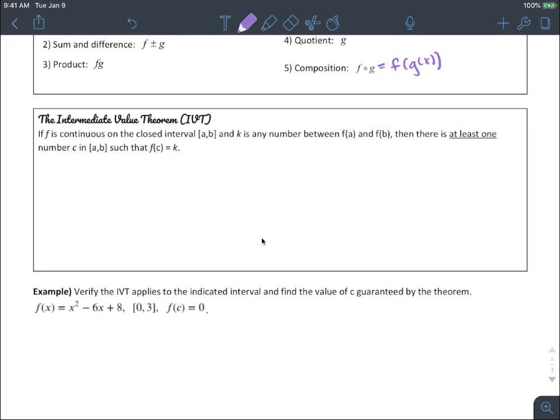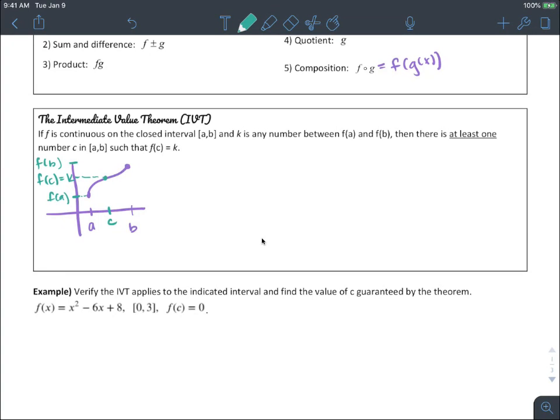If I have a function that is continuous on an interval from a to b, with the endpoints included, what it says is that between f of a, the output at a, and f of b, the output at b, there is some number at c, so let's choose a value between these, such that f of c is equal to k, some value.